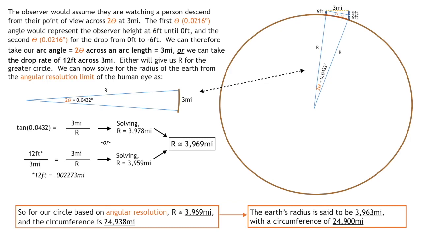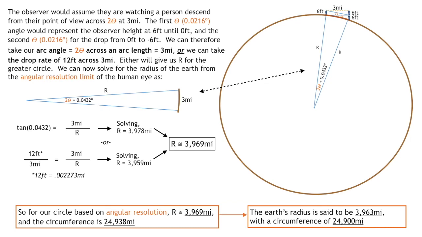Both will give us the numbers listed below, so we get for one number 3,978 miles, and for the other one 3,959 miles, giving us an average of 3,969 miles.